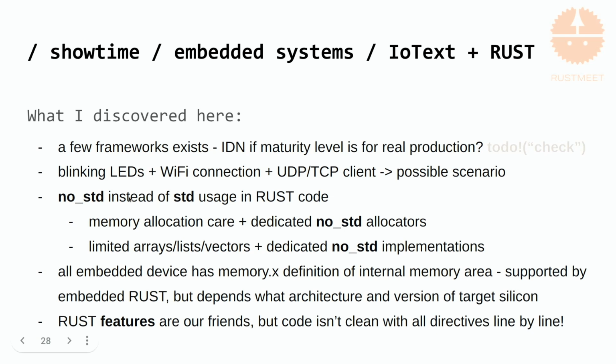So there are a lot of blinking, Wi-Fi connection examples. So this is good. But there is an important aspect. In multiple libraries, you need to have no_std definition instead of the std library definition.